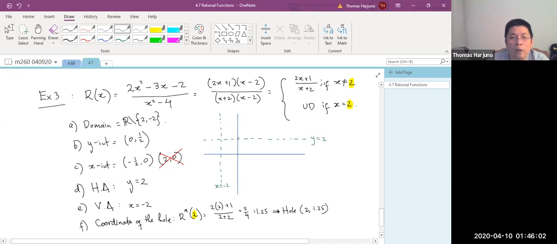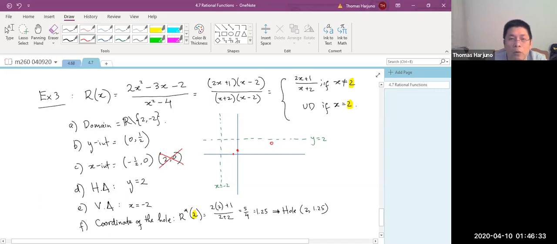Y-intercept (0, 1/2), approximately here. And X-intercept is -1/2, approximately here. And then the hole is located at (2, 1.25). So this is the hole.